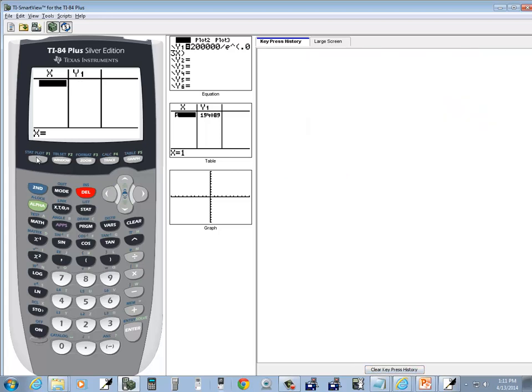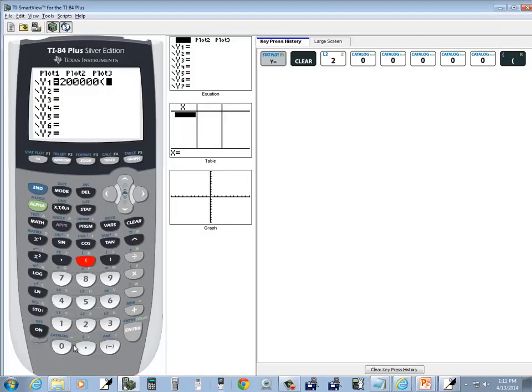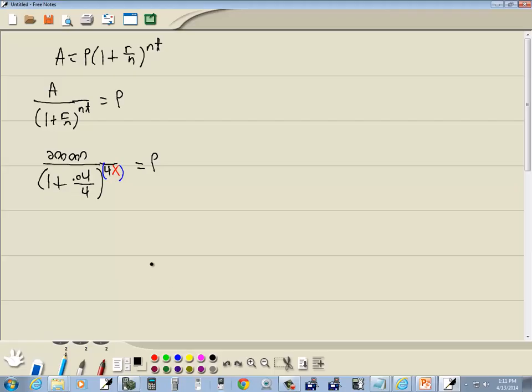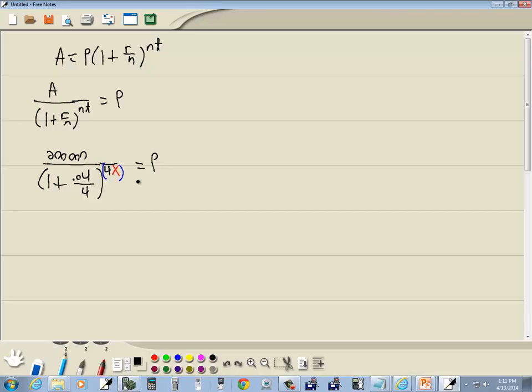I'm going to press Y equals, clear, 200,000, beginning parentheses, 1 plus 0.04 divided by 4, closing parentheses, caret, and then beginning parentheses, 4x. So I just typed in what we just saw here.